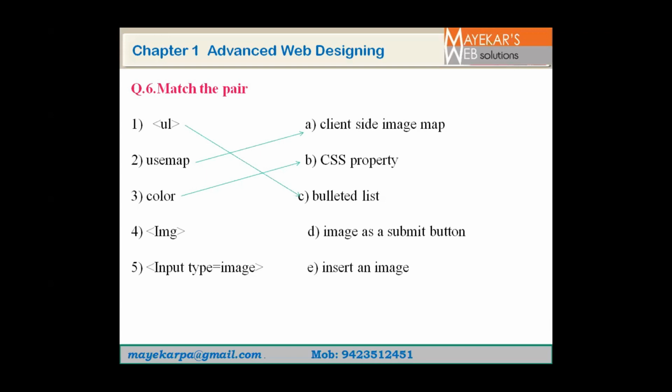So the IMG tag is applicable to insert an image. And last is input type equal to image. If you want a submit button that submits using an image, then input type equal to image can be applied. So input type equal to image refers to image as a submit button. So here is the match the pair, question number 6.